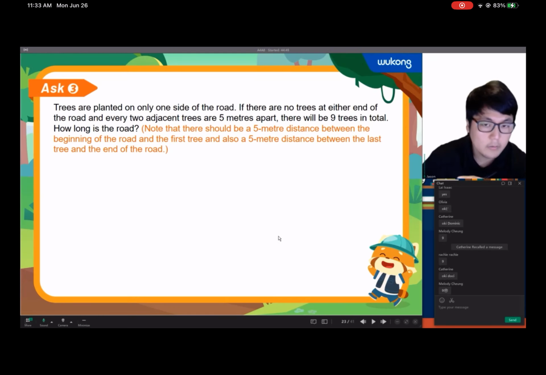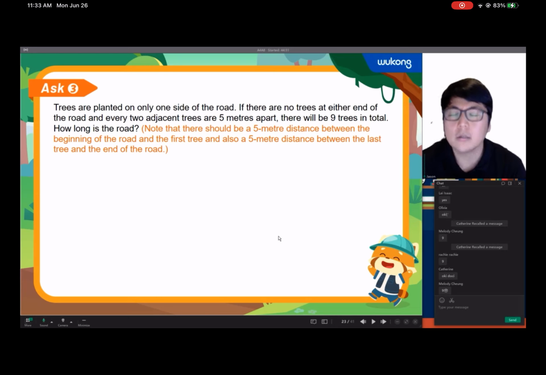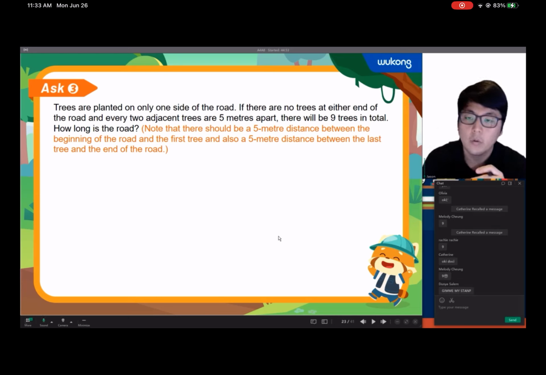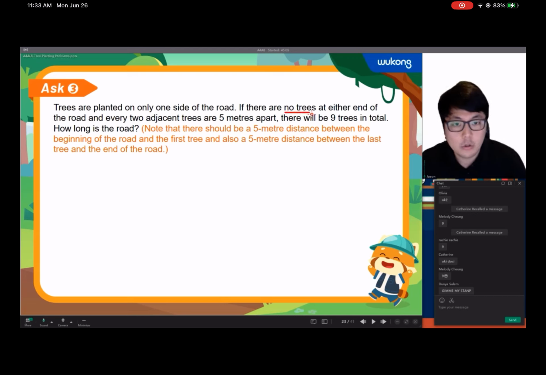Okay, so now, again, very, very important question. Trees are planted on only one side of the road. Guys, it said side, not end. There's a difference. No trees at either end of the road, and every 2 adjacent trees are 5 meters apart, there will be 9 trees in total.